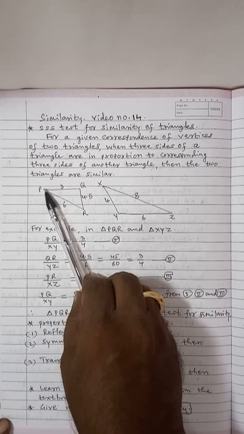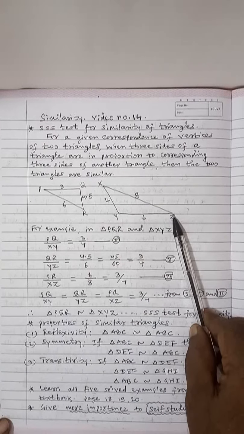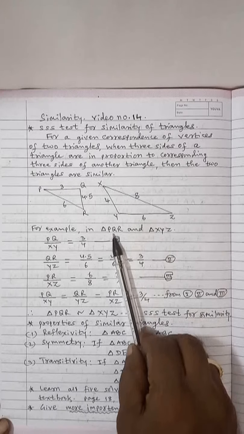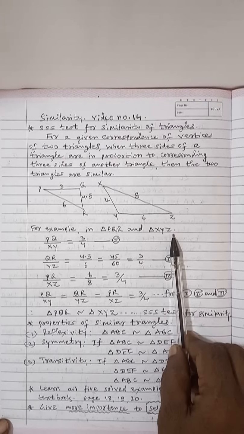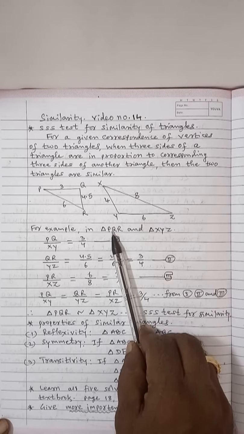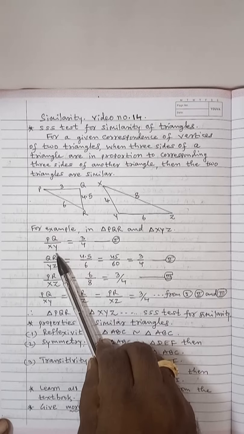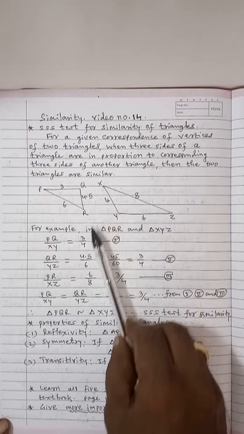In triangle PQR and triangle XYZ, for the correspondence PQR corresponds to XYZ, we will consider PQ upon XY. PQ is 3, XY is 4.